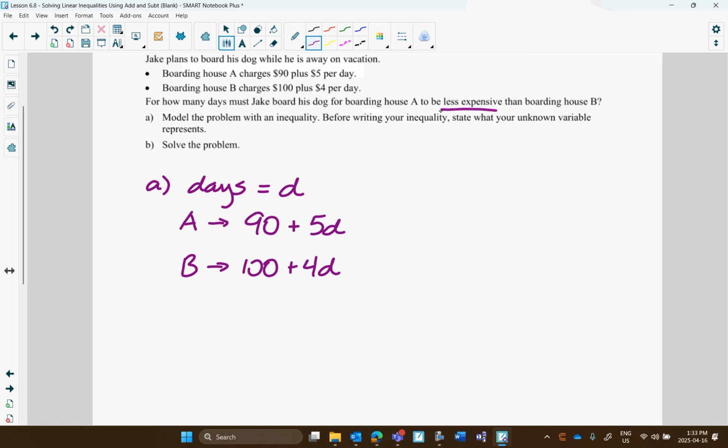But if you see anywhere in the question it says less than, greater than, that means you got to use one of the inequalities. So if we make our equation, we're asked how many days for A to be less than B. Well, A is 90 plus 5D less than B, which is 100 plus 4D.